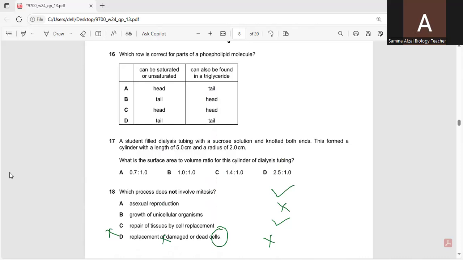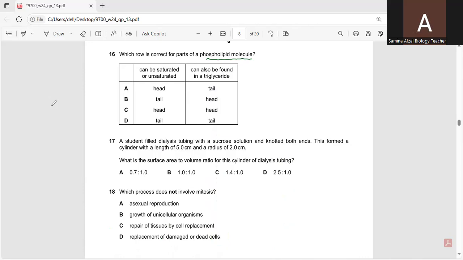Now moving towards question number 16: which row is correct for parts of the phospholipid molecules? In phospholipid molecules, I would like to discuss its structure first.